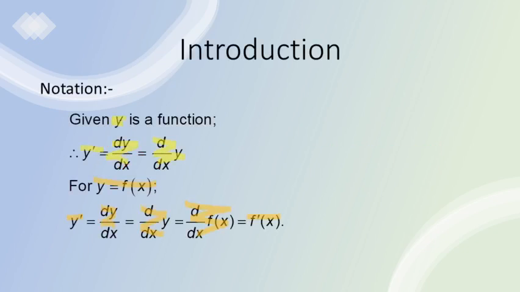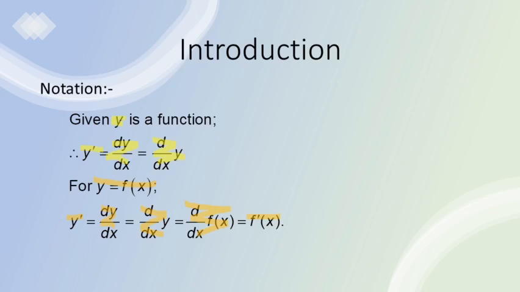Okay, first we go for the notation, or how you write down the symbol for differentiation. Given y is a function, you can use y prime, dy/dx, or d over dx of y.